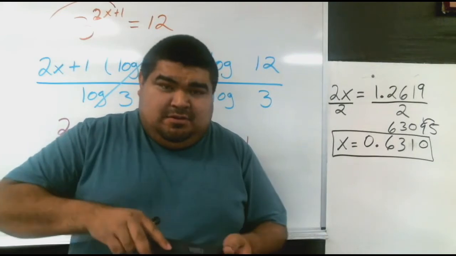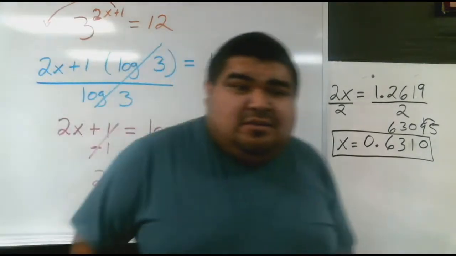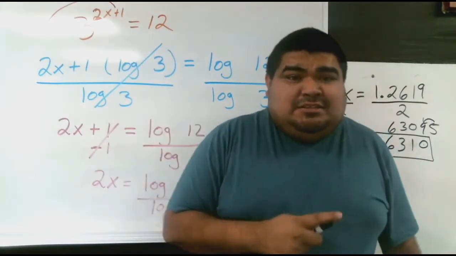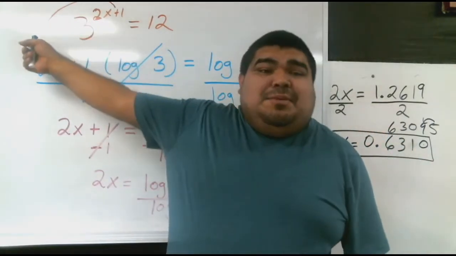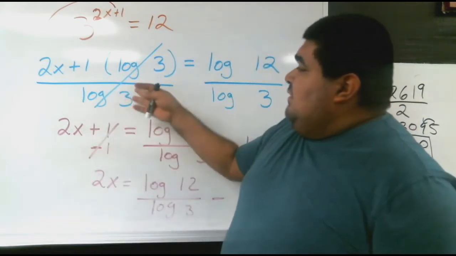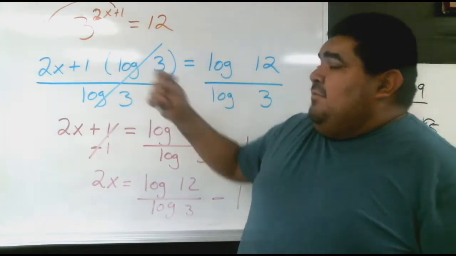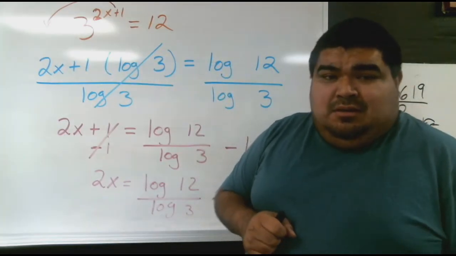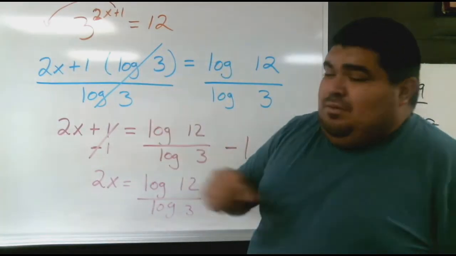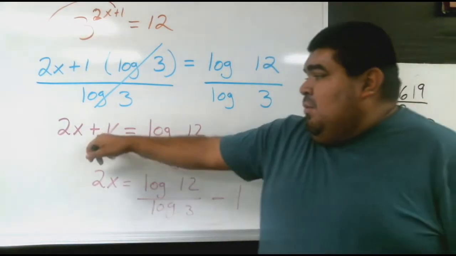Okay, remember, little recap. We try to solve for x. So what we did is we moved the exponent to the front of the base. Now we created a log. Since we created a log, whatever you do to one side has to be done to the other. So now we have 2 logs in there. Then I subtracted the 1.